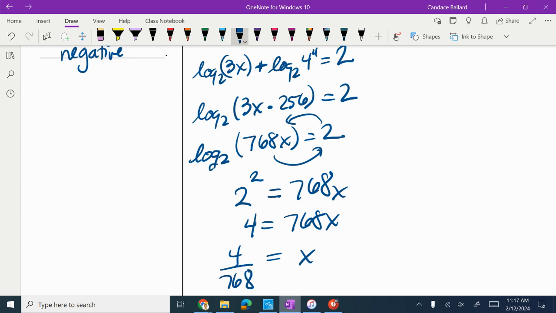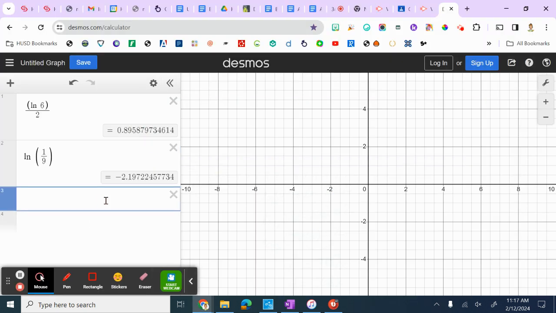All right, let's see it. I'm curious how this comes out in Desmos, actually, because I want to show you a Desmos trick if I can. 4 divided by 768, right? Did you ever see this little button over here to the left? Let's say your answer wasn't a decimal, it was a fraction. Do you see how it just reduced the fraction for you? So if it comes up as a decimal, hit the little fraction button and you can get the fraction.